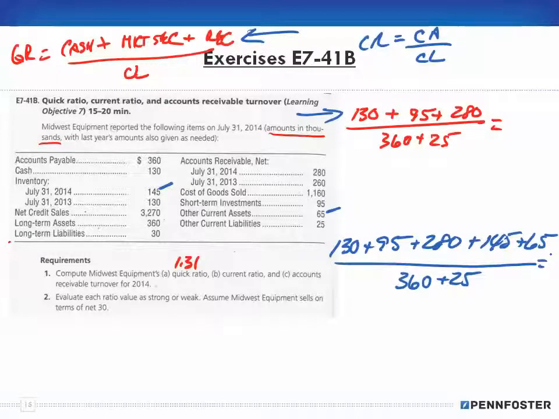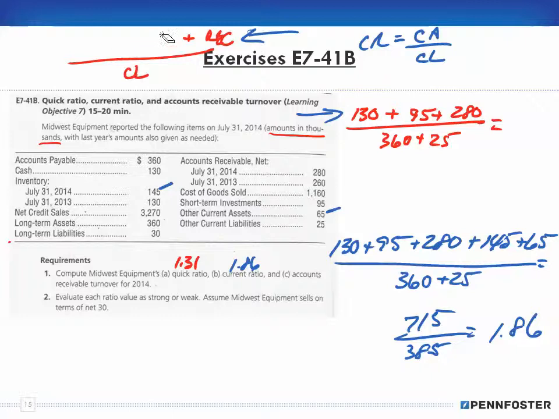So that was 505 plus 145 plus 65, or 715, over the 385. Divide by 385, and that gives me 1.85, 1.86 rounded up, 1.86. I'm going to erase all of this, so pause the video if you have to.